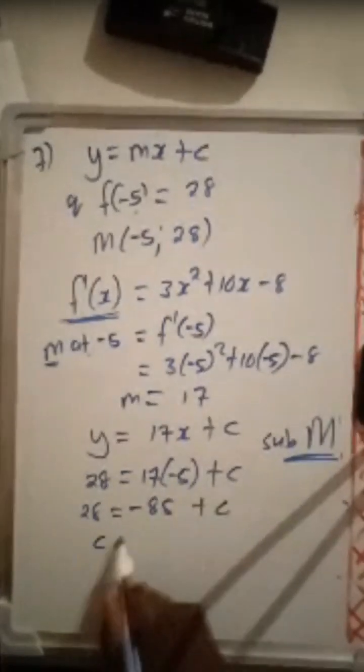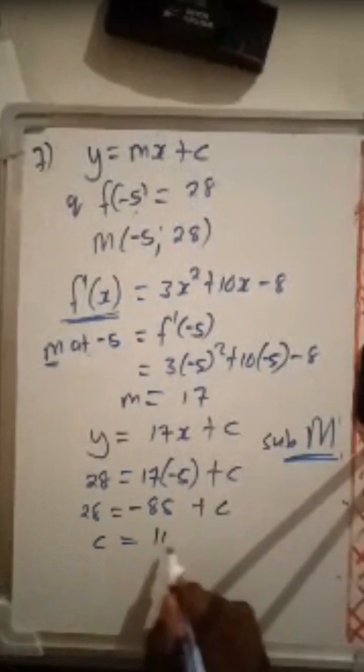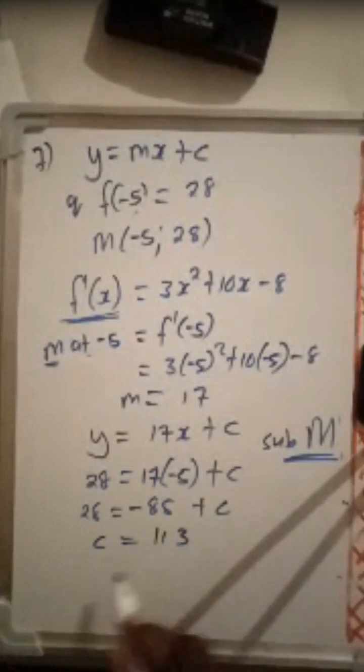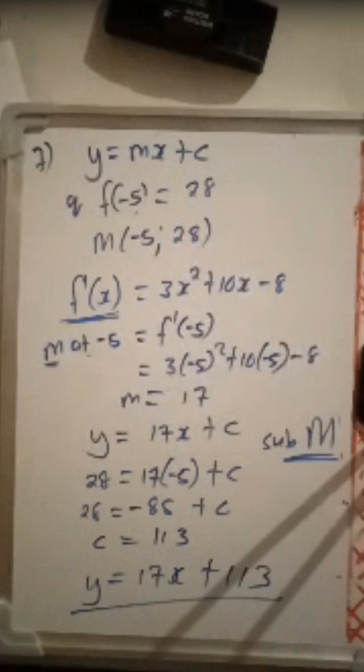So c is equals to 28 plus 85, it's 113. So it means the equation is y is equals to 17x plus 113. That is how we get it.